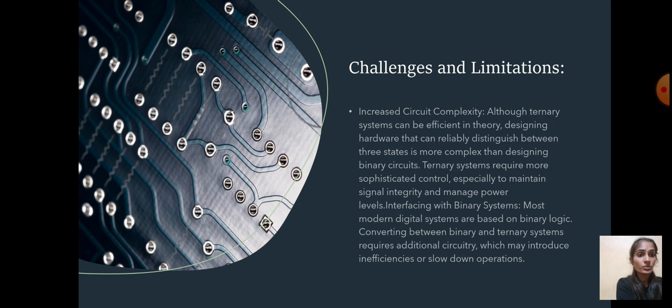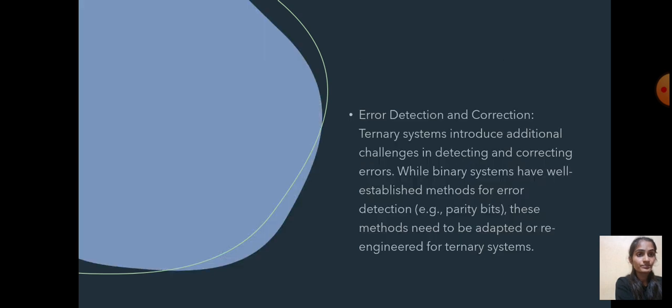Ternary systems require more precise control, especially to maintain signal integrity and manage power levels. Interfacing with binary systems: most modern digital systems are based on binary logic. Converting between binary and ternary systems requires additional circuitry, which may introduce inefficiencies or slow down operations.